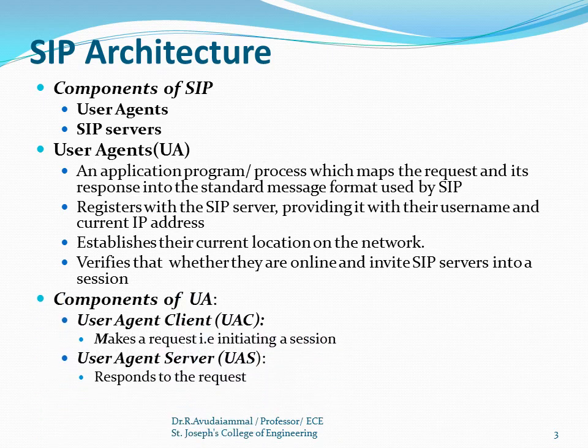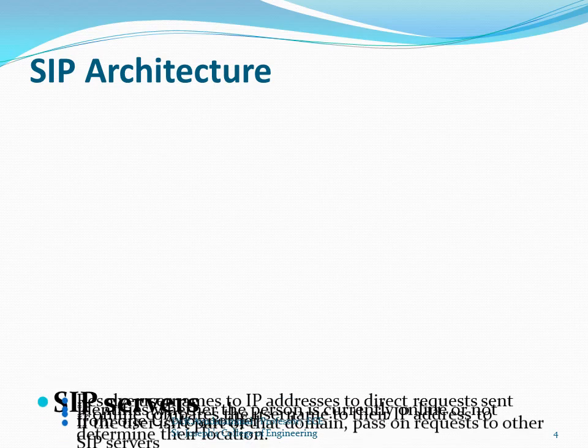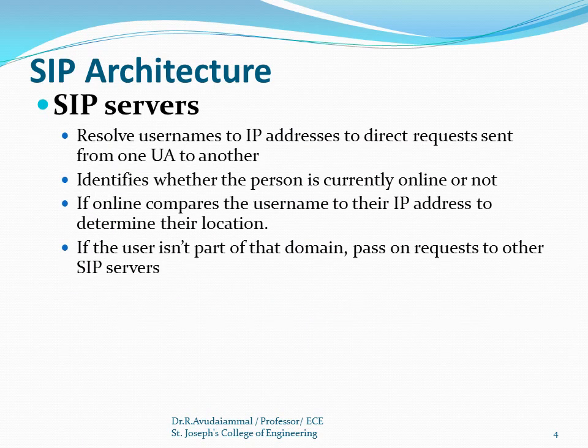The components of user agents are the user agent client and the user agent server. The client makes a request for initiating a session and the server responds to that request. The next important component is the SIP servers.